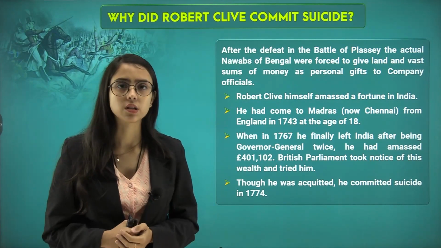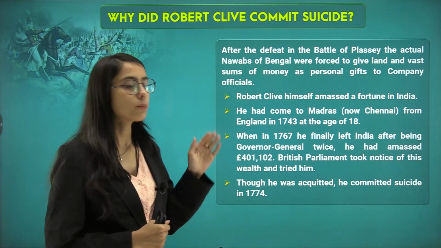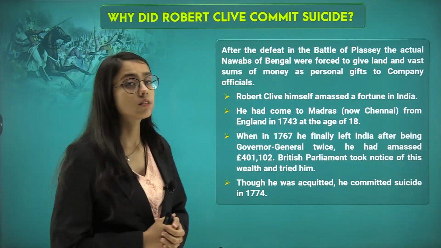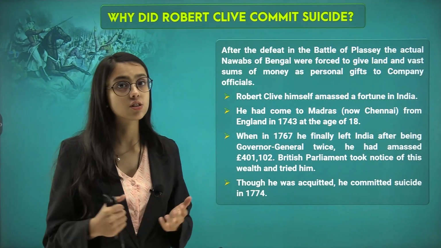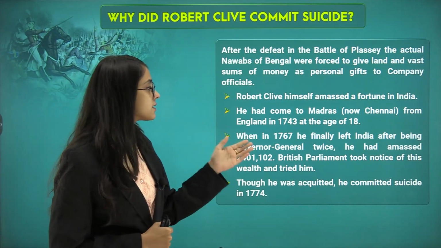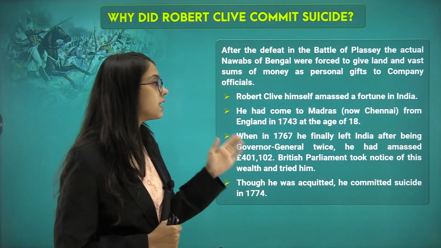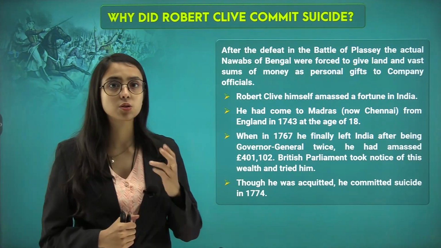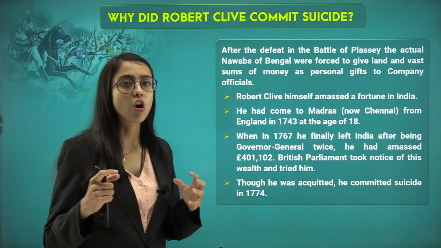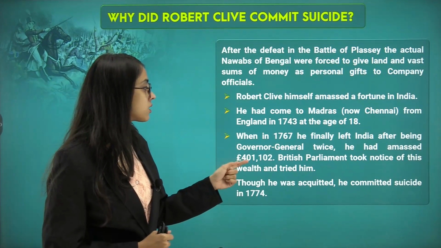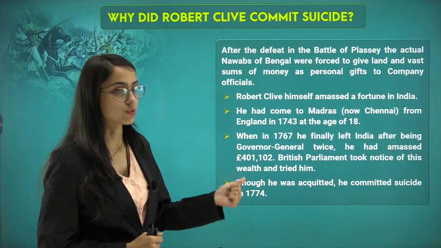He had come to Madras, which is now known as Chennai, from England in 1743 at the age of 18, at such a young age. When in 1764 he finally left India after being Governor General twice, he had amassed almost 401,102 pounds.